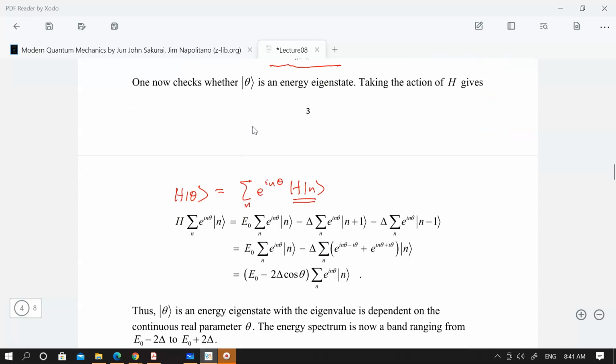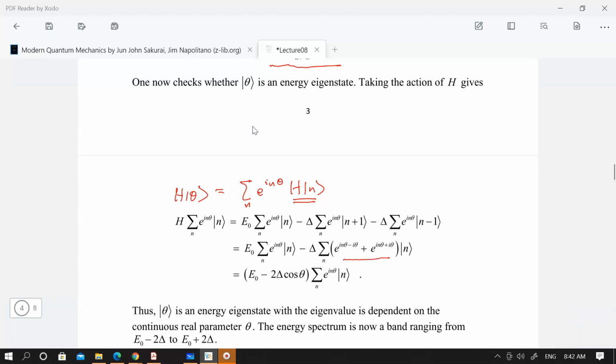Okay, so now we can do this again. One can start to relabel things so that your ket is labeled by n, and then this will change to something else. So in this case it will be e to the i n minus 1 theta, and then this will be e to the i n plus 1 theta. So what you have is essentially that.